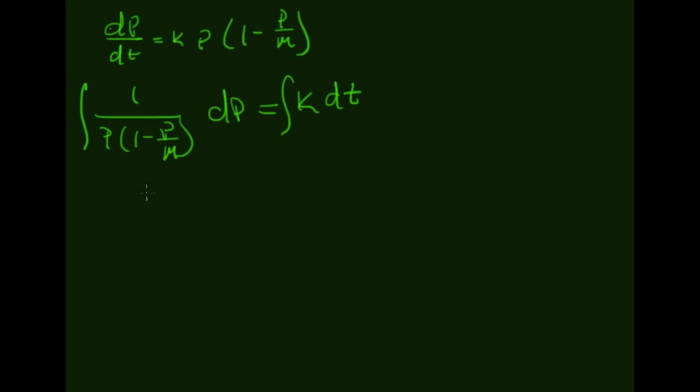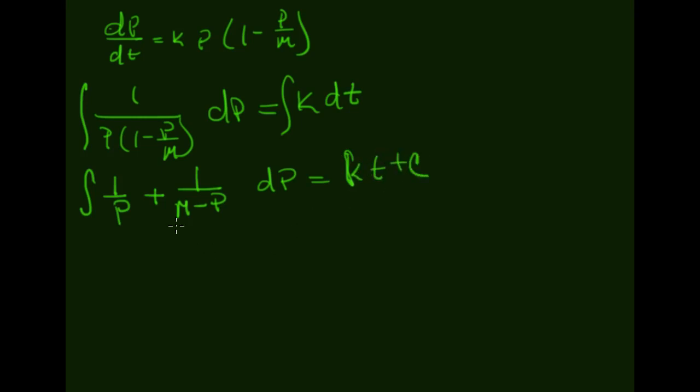But we did this work before, as I said at the start of this section: this is the same as 1 over p plus 1 over m minus p dp, which is just going to be kt plus c.